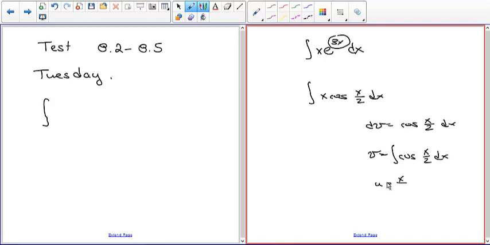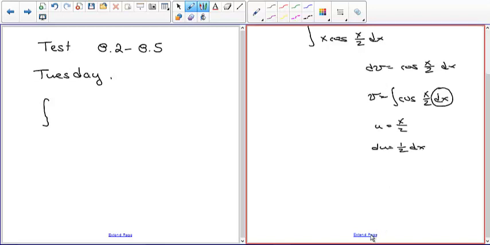Well, there's 2 ways of doing it. You can use u substitution. So you got u is x over 2, so du is equal to 1/2 dx. But the substitution I have is dx. So you get dx is equal to 2 du. So you multiply both sides by 2.